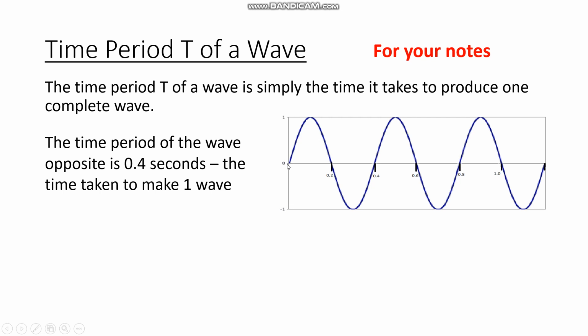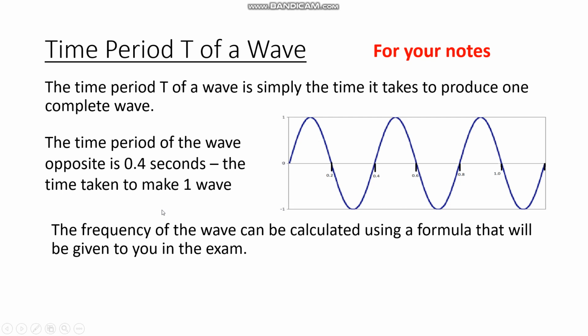If we start at this point and follow it around until we've got 1 complete wave or vibration, that's only half because we're on the way down still here. Well, that's 1. Can you see it's taken 0.4 seconds to make 1 complete wave? 0.4 seconds to make 1 complete wave means that the time period is 0.4 seconds.